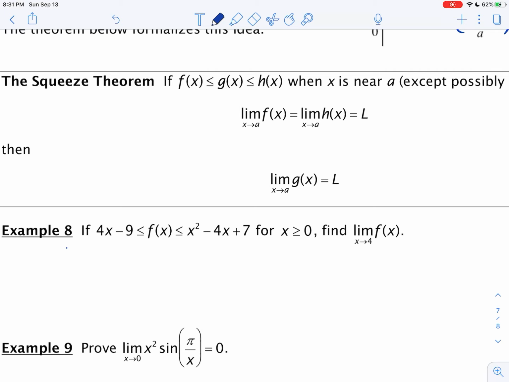So the limit as x approaches 4 of 4x minus 9 is less than or equal to the limit as x approaches 4 of f of x, and that's less than or equal to the limit as x approaches 4 of x squared minus 4x plus 7.